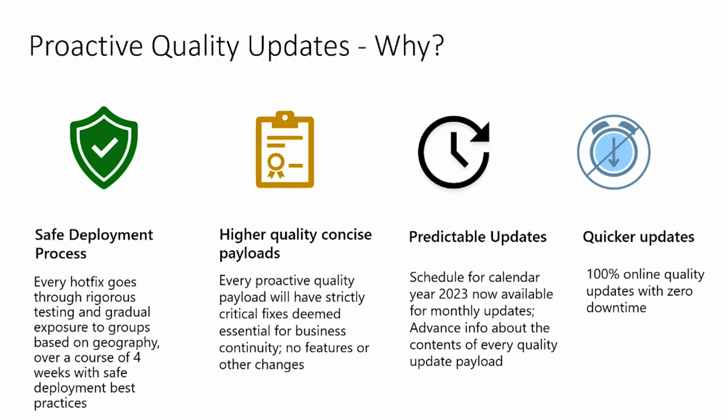The reason why these updates are much better compared to our current model of manual hotfixes is, number one, these quality update builds are 100% automated, and critical fixes are cherry-picked after every service update general availability. And they go through an extensive testing process for about 2 weeks before they even make it to LCS or even an early adopter, right?